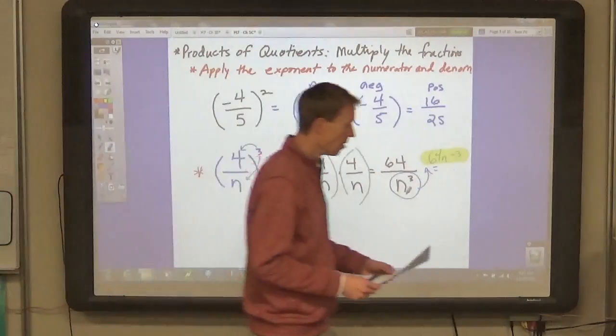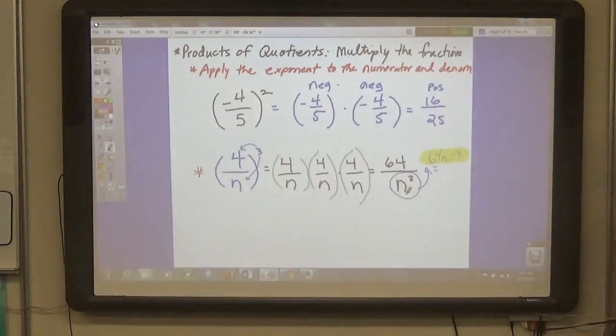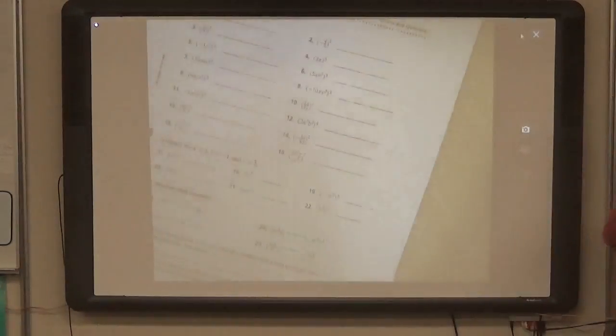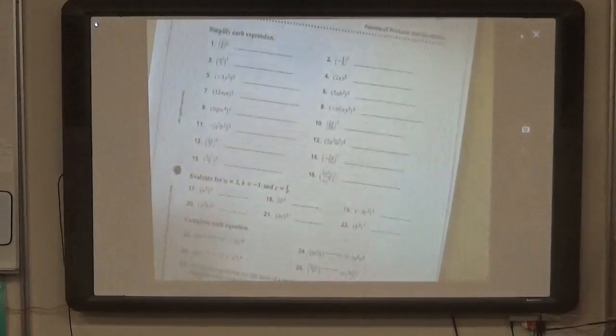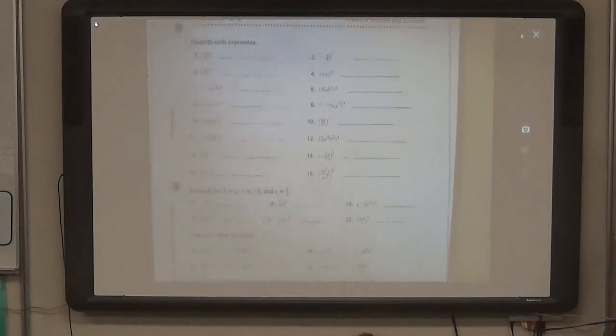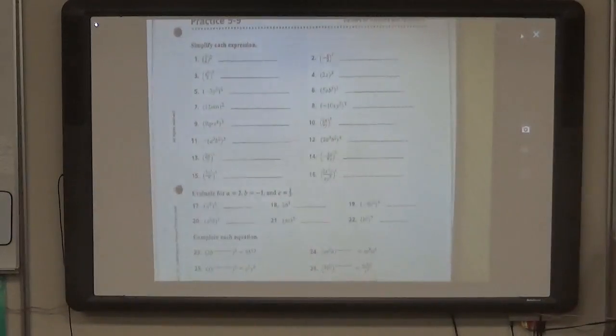Okay. Go to your sheet. Look at the front, first two. What does number 2 have that 1 doesn't have? A negative sign, exactly.